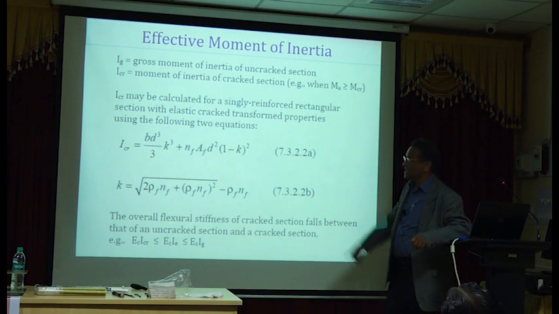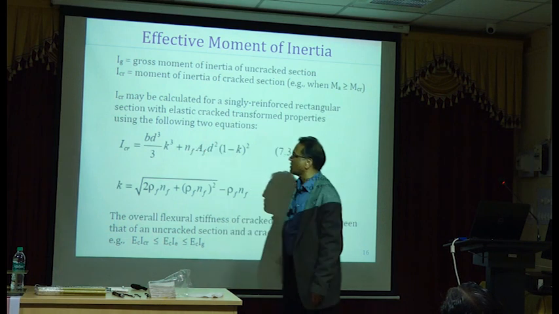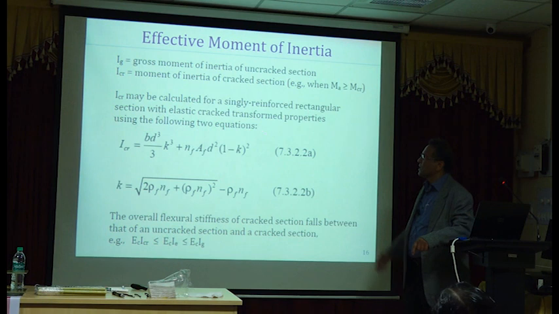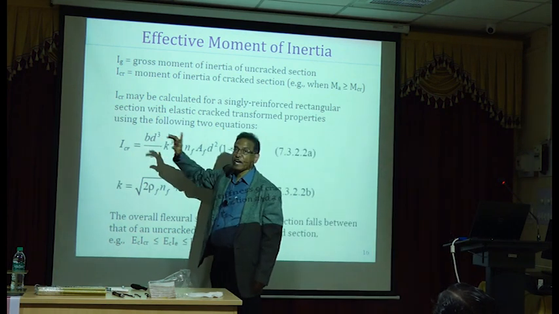This can be quite easily derived. Actually, in my notes I have the derivation of all these equations, but here I just show you the final equation. So what is I sub CR? I sub CR equals b for a rectangular beam.